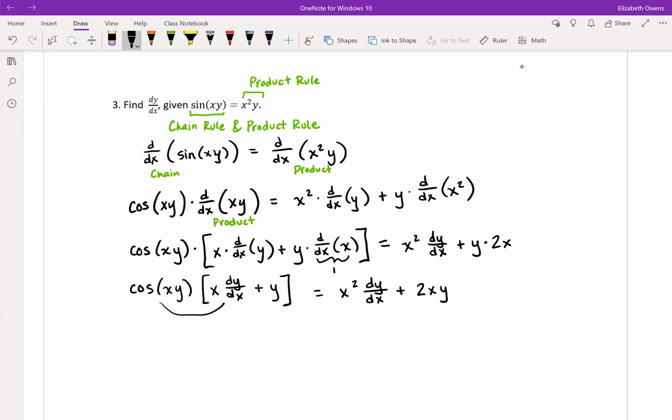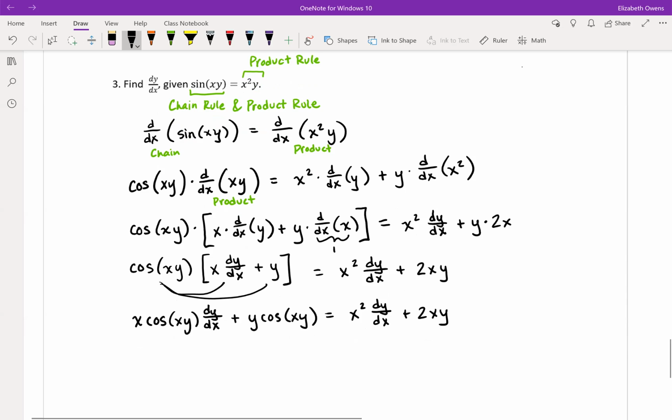Let's distribute our cosine xy so that we can have more movement of terms. So x cosine xy dy/dx, just distributing, putting things in a nice order, and then plus y cosine of xy equals x squared dy/dx plus 2xy.